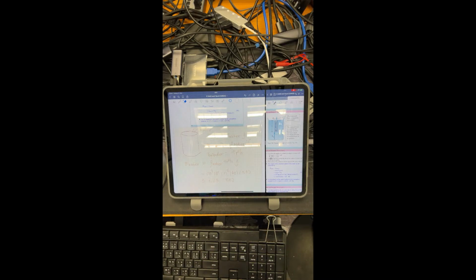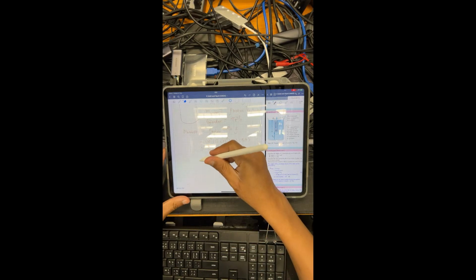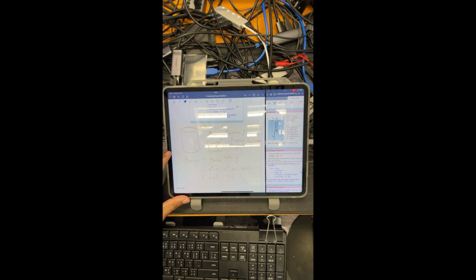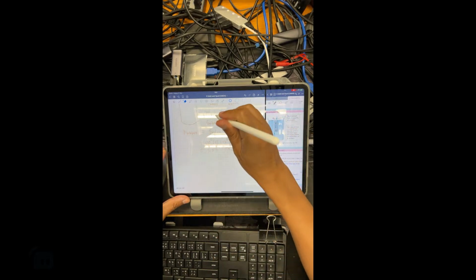The second question is to calculate the force exerted by the air on a disk of radius 1 meter. Okay, we consider the upper lid of this cylinder.